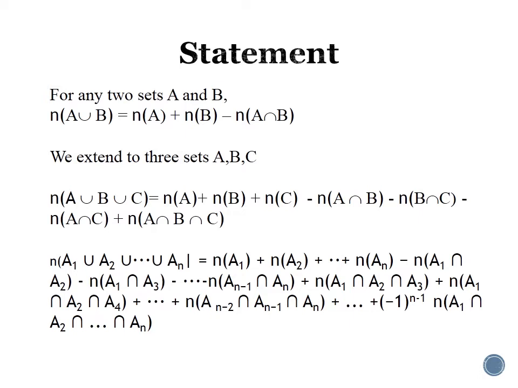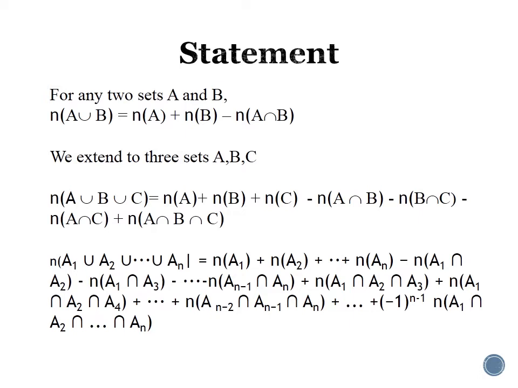So for n sets we get cardinality of A1 union A2 union etc. union An equals cardinality of A1 plus cardinality of A2 plus so on plus cardinality of An, that is the cardinality of the singleton sets, all with plus.